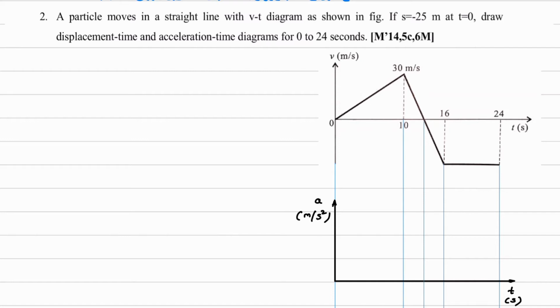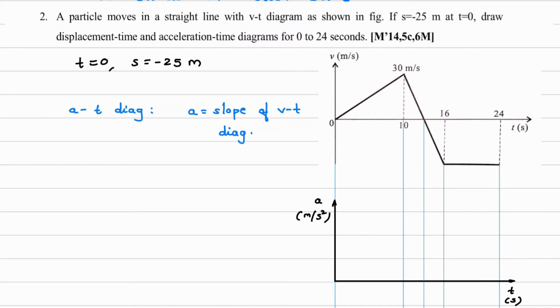The initial condition given is that when t is 0, s is equal to minus 25 meter. Now we will start with the acceleration-time diagram. How do we draw it? Acceleration is the slope of the VT diagram.